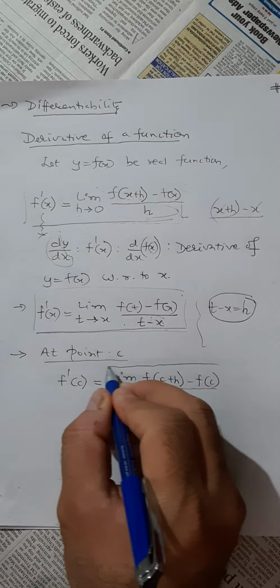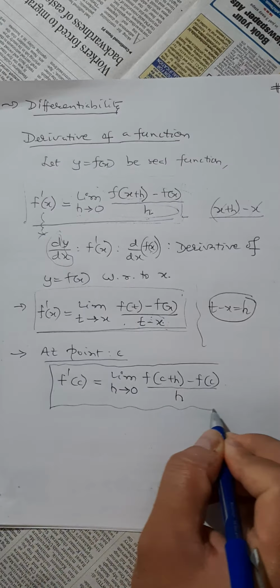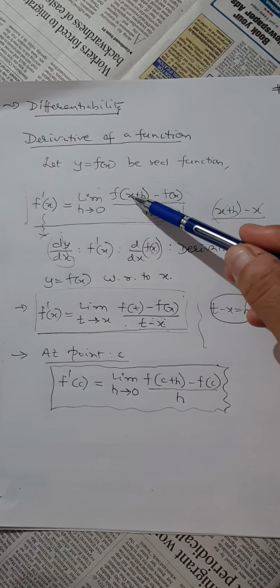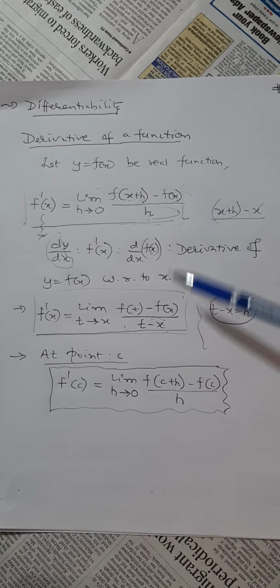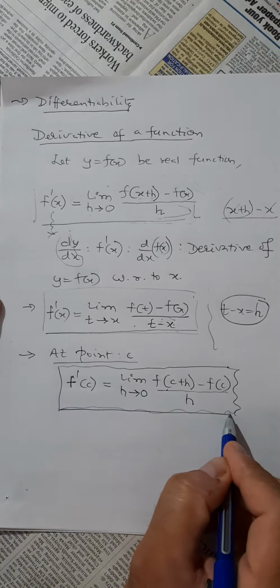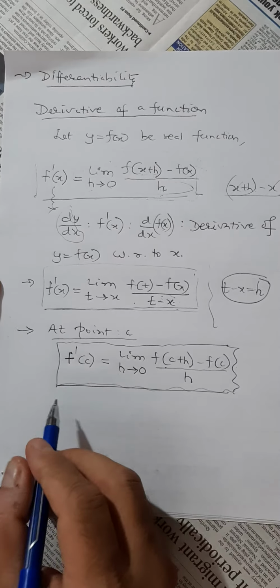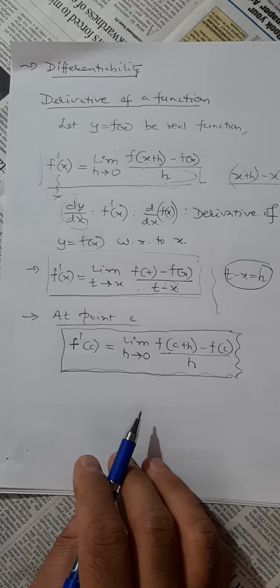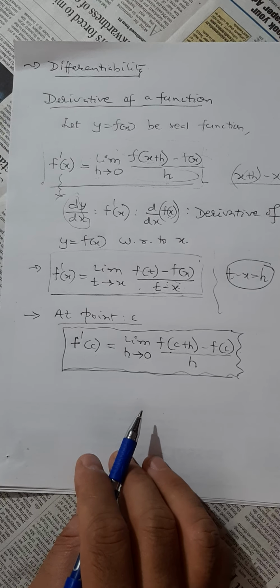This is the derivative at a fixed point, remember. This is a general point x, remember. What I did, just in place of x I have placed c. This is f'(c). This is the derivative of a function at a fixed point c. Fine, we know up to this.